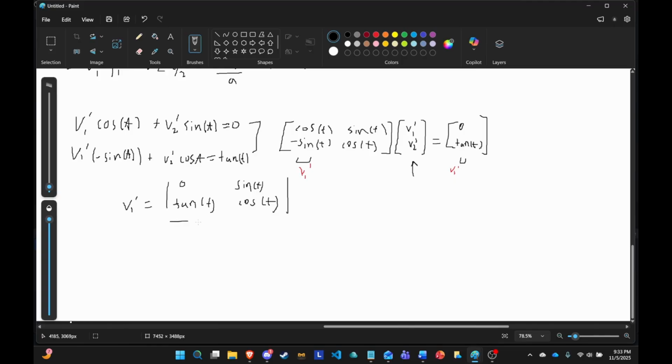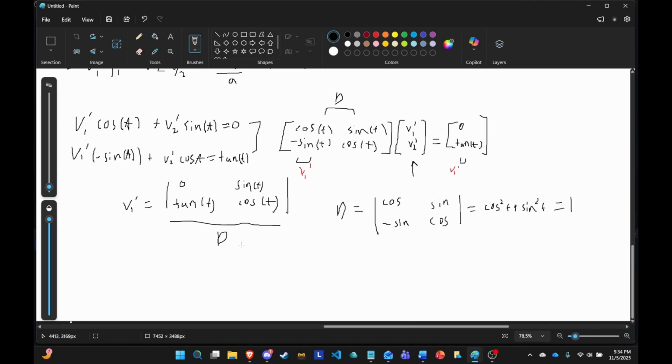Awesome. And then that'll be divided by our quantity d, and d is just the determinant of the matrix that we have initially. So d would be that determinant: cosine, sine, cosine, negative sine. This evaluates really easily to cosine squared of t plus sine squared of t, which is just a basic trig identity, that's 1.